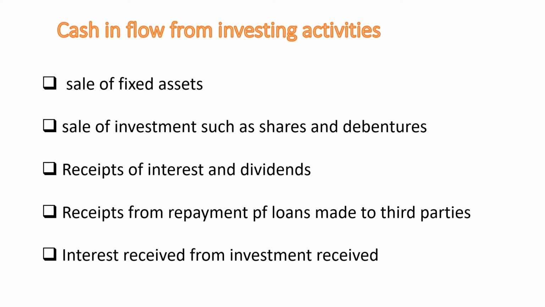Sale of fixed assets, sale of investments such as shares and debentures, etc. Receipt of interest against the debentures and dividend against the preference and equity shares. Receipt from repayment of loans made to third parties. Interest received from investment. These are some of the examples for investing activities.